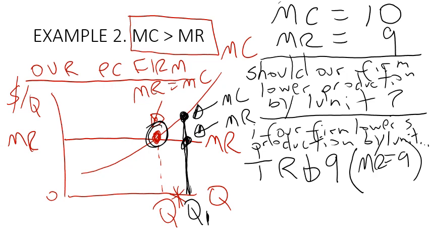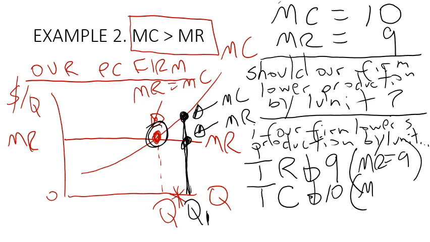Well, okay, that's not good, but again, that's not the entire picture, right? We have to look at the cost side. So by not producing that unit, or by lowering production by 1 unit, what would happen to total costs? Well, they would decrease. By how much? By 10. Why 10?